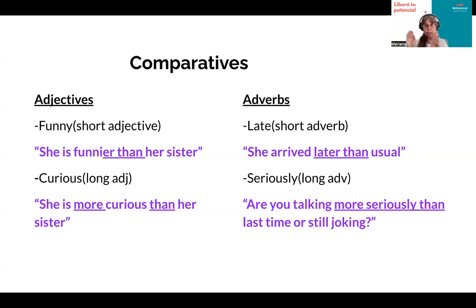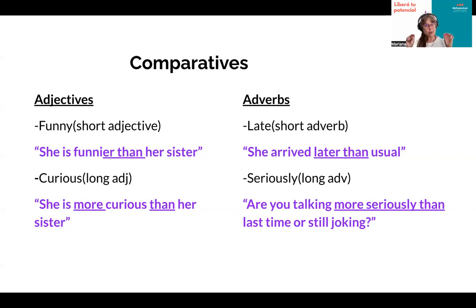So we are comparing the 2 moments, and we say that she arrived later than usual, más tarde que lo usual o lo común. And we are referring to arrived here. Nos estamos refiriendo a la acción de llegó. Y este adverbio está modificando esa acción de llegar y no a ella. Si modificara la palabra ella, se convertiría en adjetivo y no sería más un adverbio.